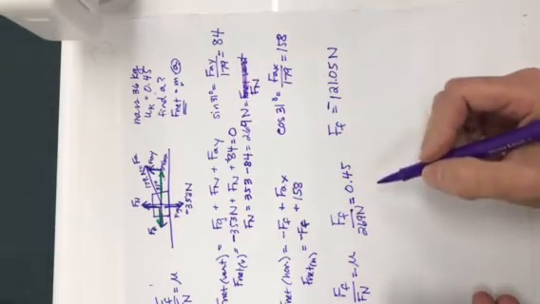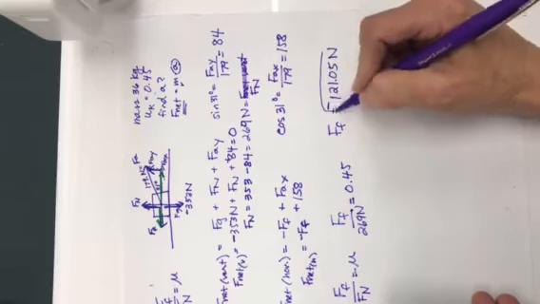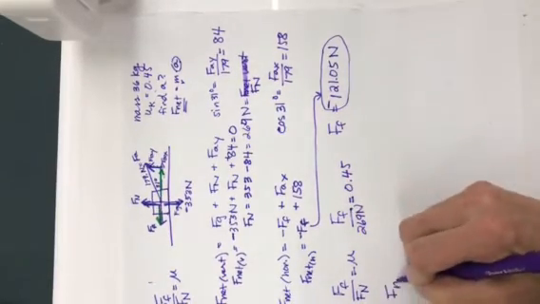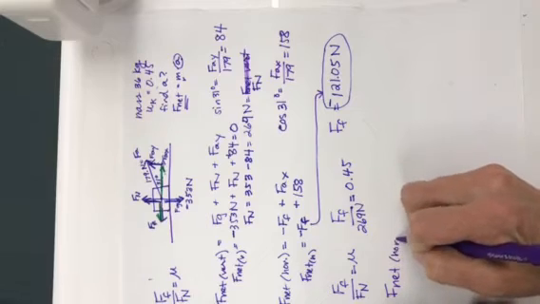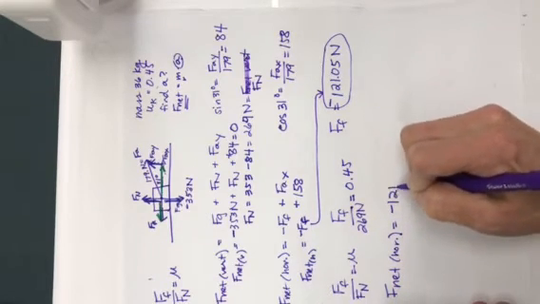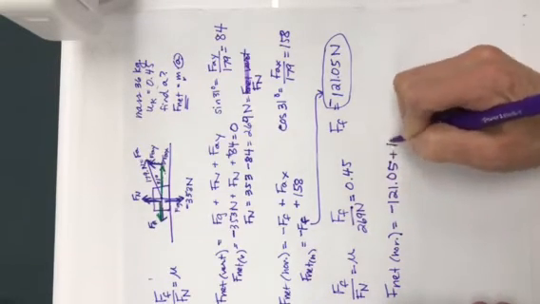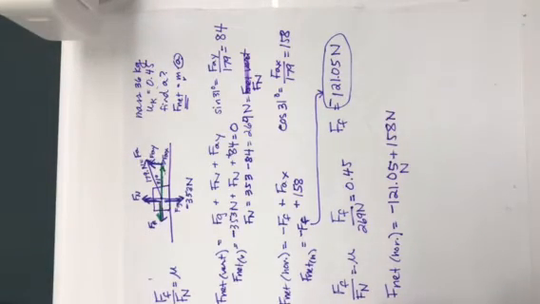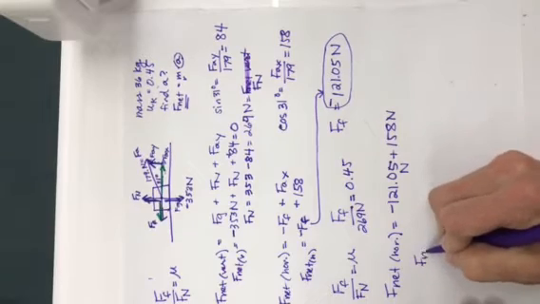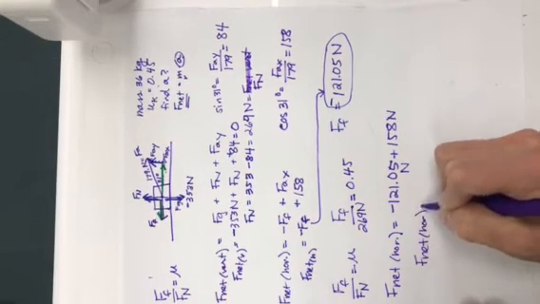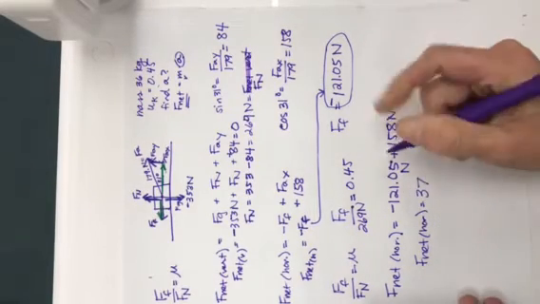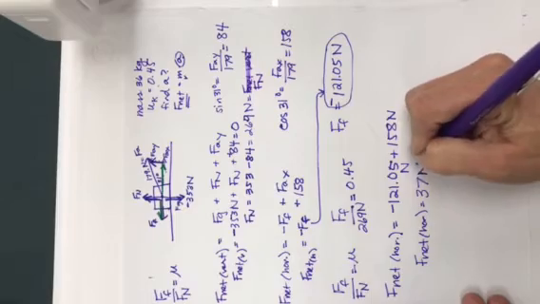Now I can come up here and plug this number into this value. My F net horizontally is equal to negative 121.05 plus 158. I could chop that off at 121. So F net horizontally is negative 121 plus 158, and I get 37 newtons.